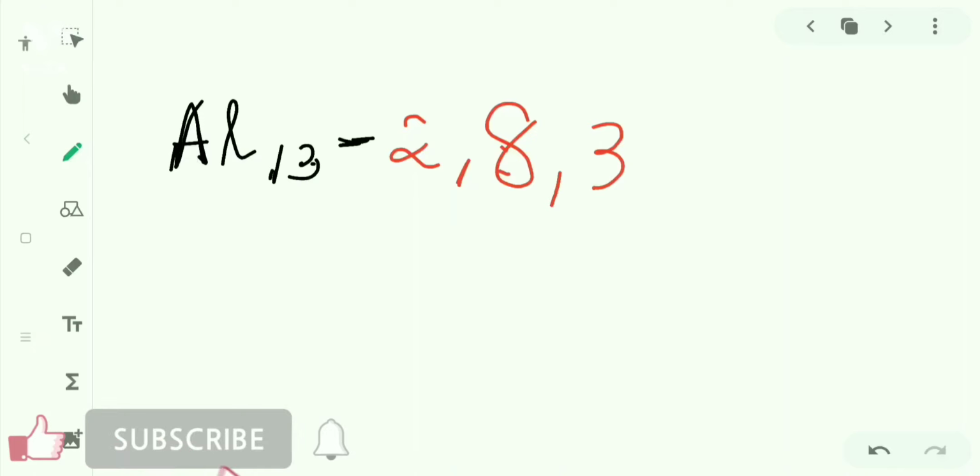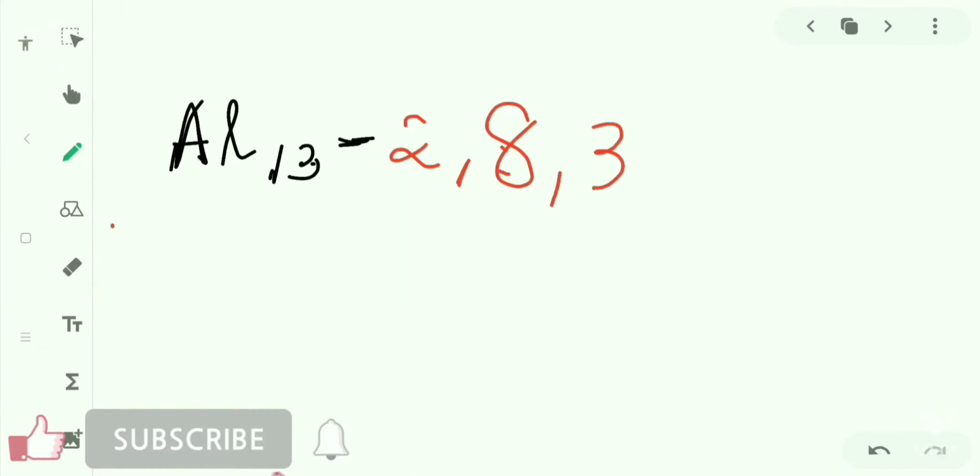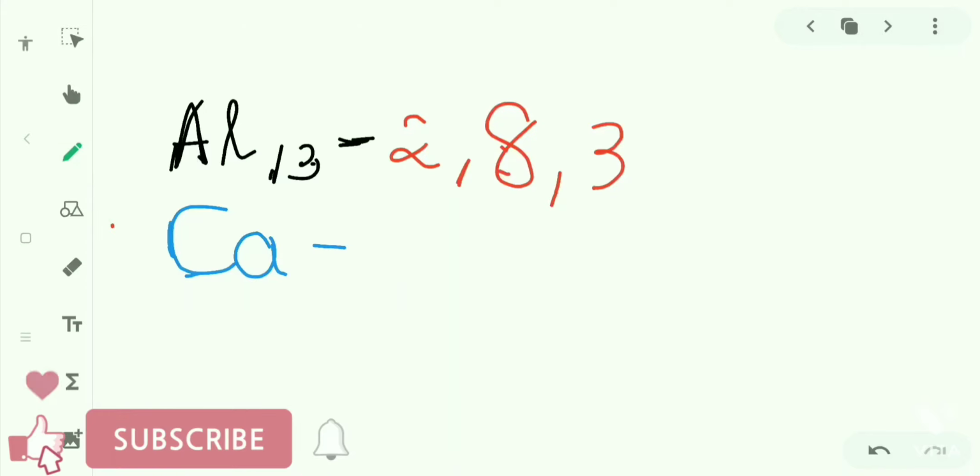Now we will take another element, let us take calcium. What is the atomic number of calcium?